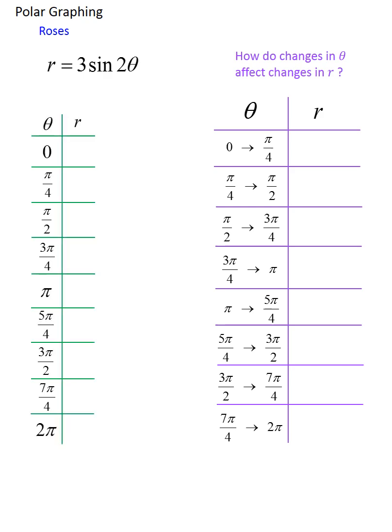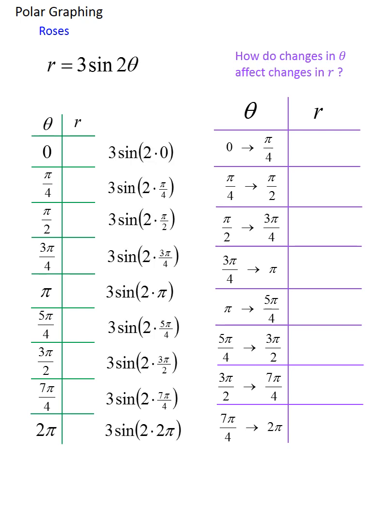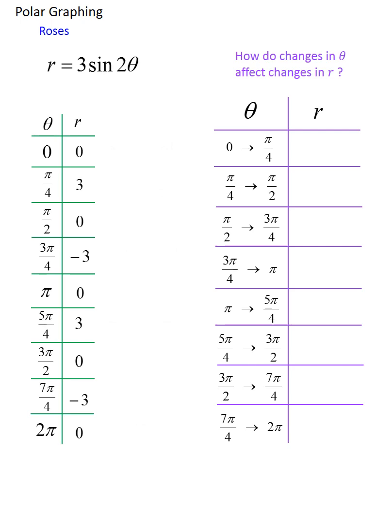Well, to do this, I'm going to have to plug in all of these values into the original function. Of course, I'm not showing the trigonometric algebra, but if you work each one of these out, which you can do, you'll get these answers. And now, what I can do is say to myself, okay, as theta goes from 0 to 45, r goes from 0 to 3. And that tells me what's happening to r in the first half of the first quadrant.